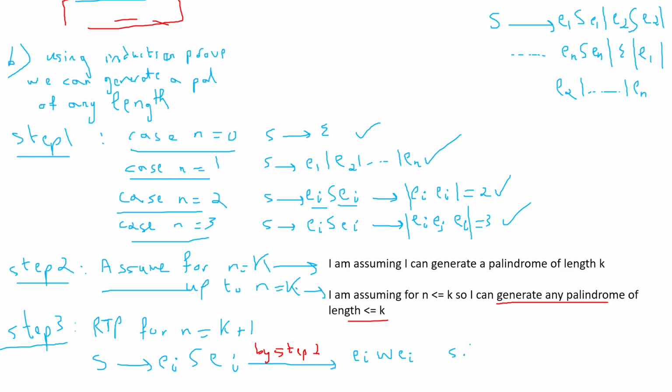Such that w is a palindrome, and the length of w is k minus 1. Why k minus 1? Because when I check the length of a_i, w, a_i, it's the two a_i's, so 2 plus k minus 1, which is k plus 1.